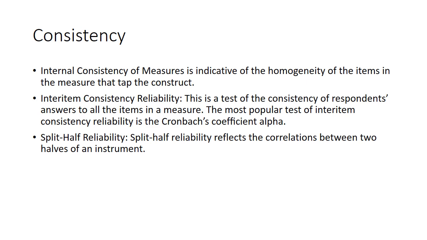Basically, internal consistency is the sameness of the questions for a variable, and we measure inter-item consistency reliability through Cronbach alpha. Split-half reliability reflects the correlations between two halves of an instrument. Basically this is theoretical; you don't apply it. You split the questions or measures of a variable in half and check the correlation among them.